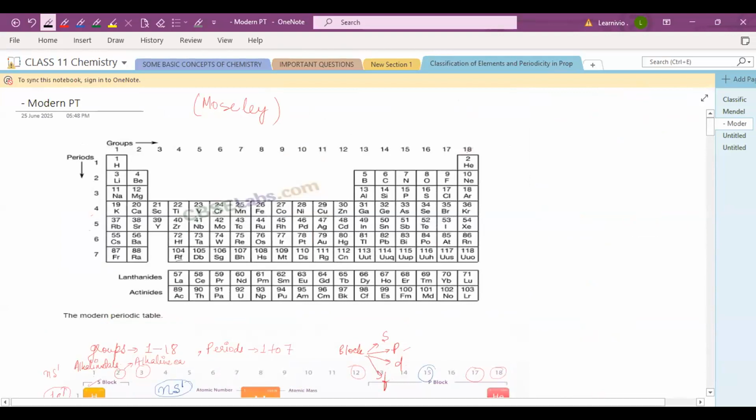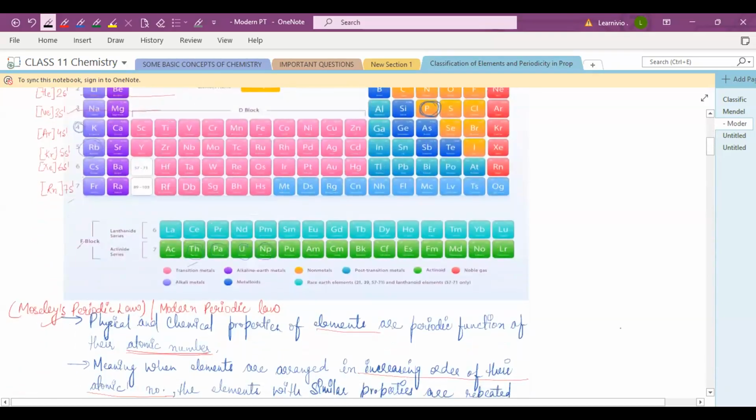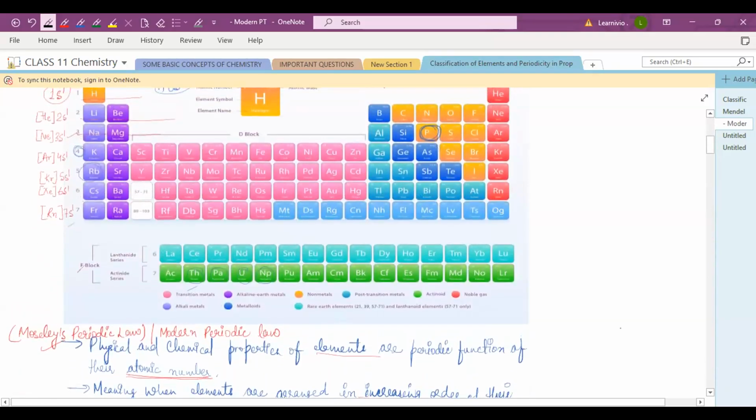Now see this, 113 UUT, 114 UUQ, UUP. These types of names were given according to the root word. When the proper name was not given, then this IUPAC name was used. But after that, see this, they have given the names according to the scientists.